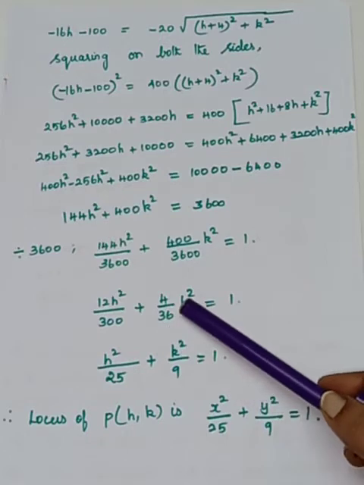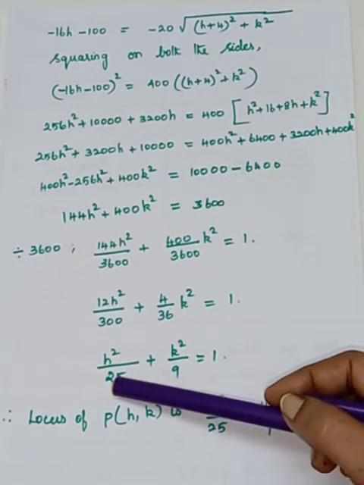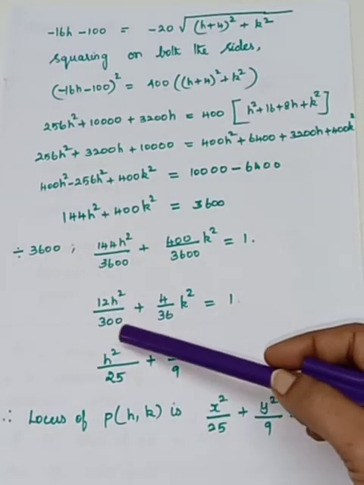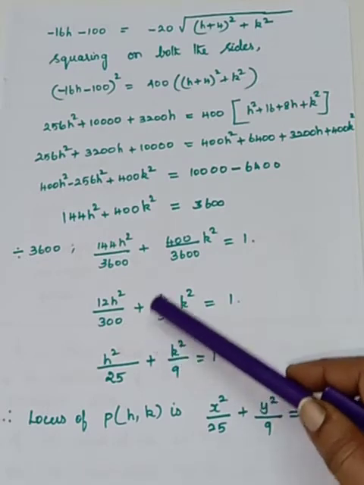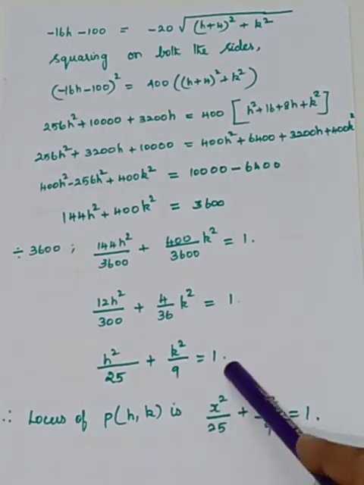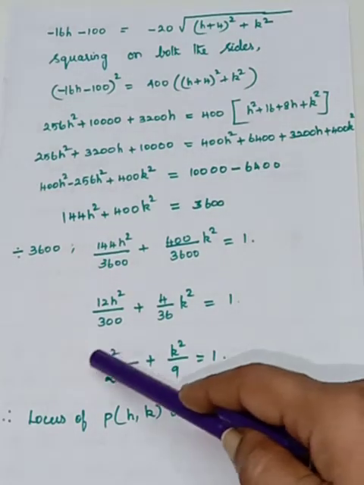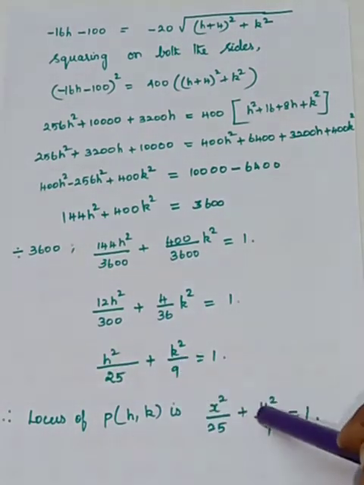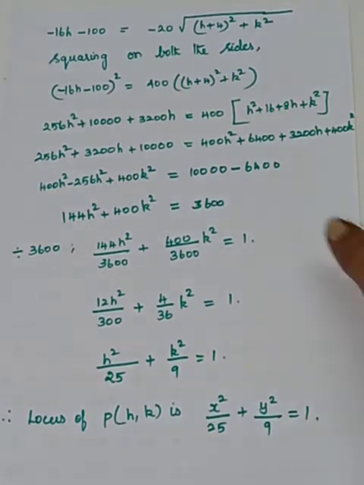So 4 by 36 k squared is equal to 1. If you divide it by 12, it is 25. 12 into 25 is 300, plus the 4 and the 36 get cancelled. So 1 by 9 is equal to 1. So the locus of P of h comma k is, you have to replace h by x and k by y. So x squared by 25 plus y squared by 9 is equal to 1.